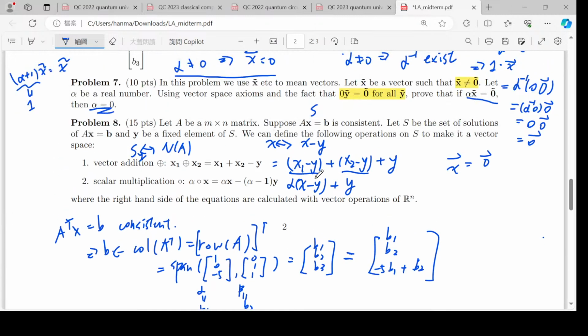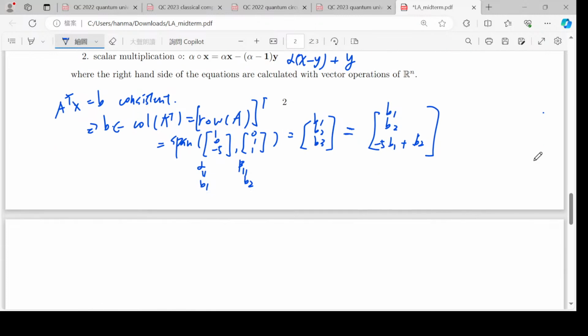Okay, so problem A is we are hiding something we know in a lot of notation. So the idea is, let's see if I can draw it here.